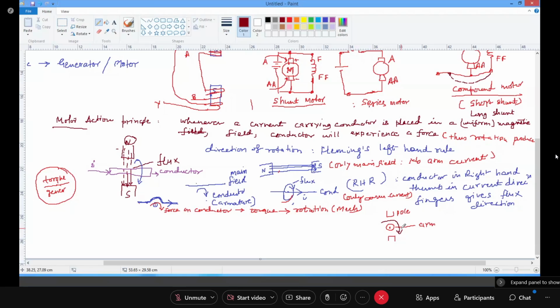What will happen? Current will flow in the opposite direction. No, it doesn't happen like that.